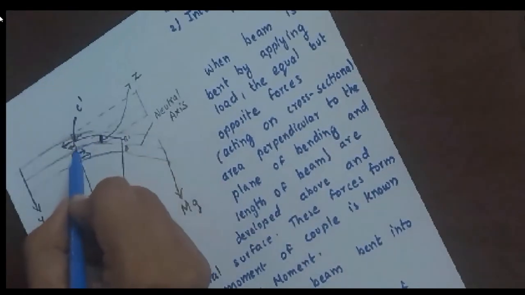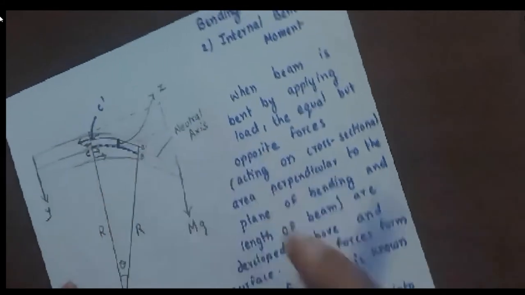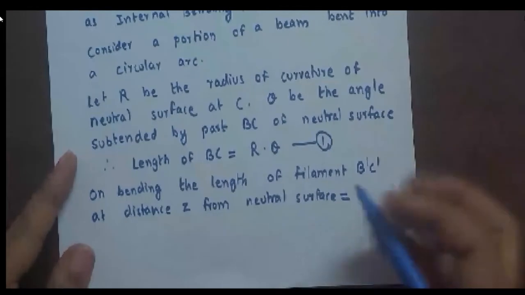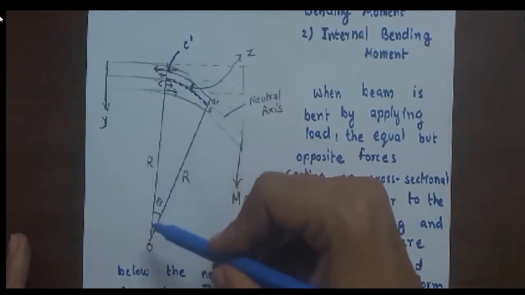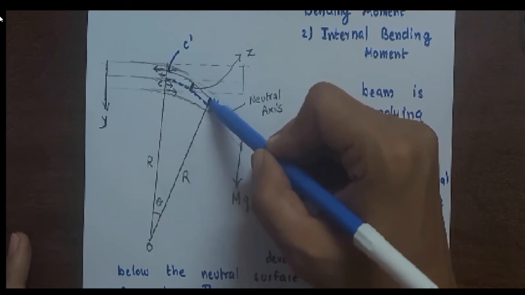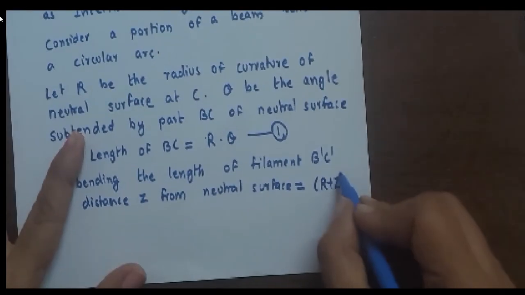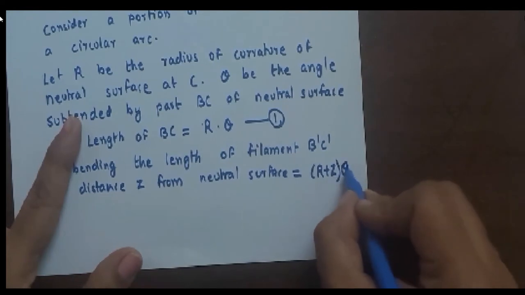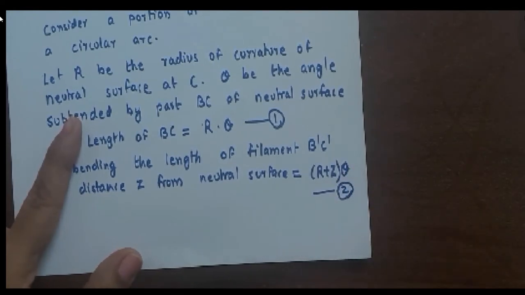So this is at a distance equal to R plus Z, because from here to here it is R and this much portion is Z. Therefore we write R plus Z, and the angle remains the same, theta. This is equation number 2.